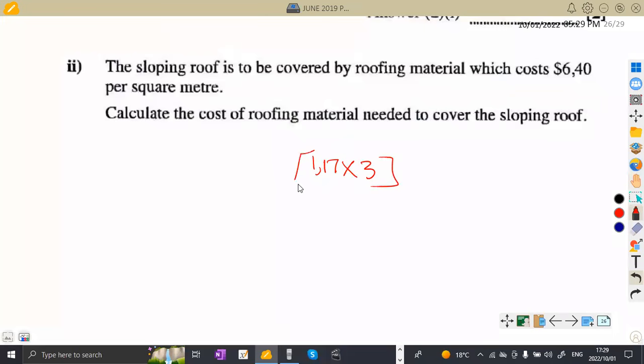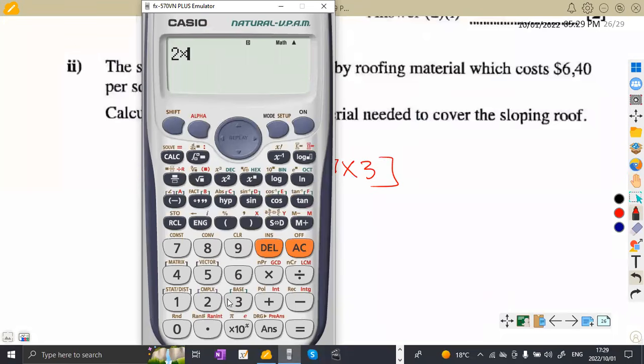But how many are we talking about here? There are 2 of them, so it's going to be 2 times this. This is the area that you're going to have. So that is 2 by 3 by 1.17, which is going to be 7.02. Okay, so the 7.02 is for the area.